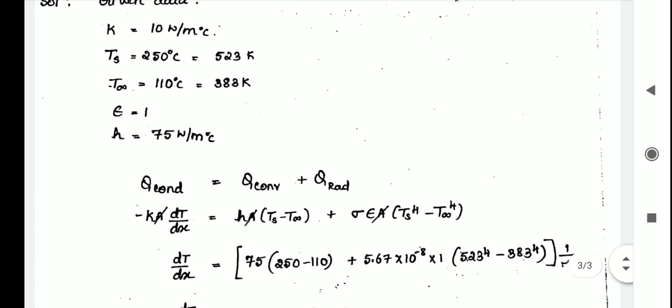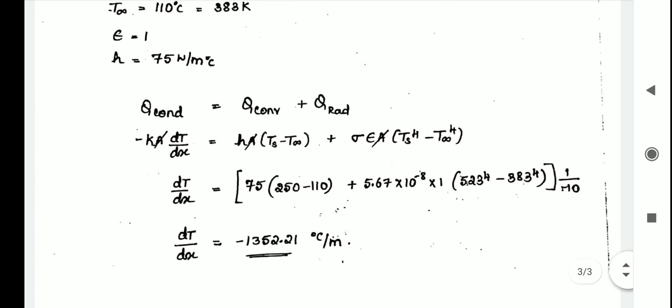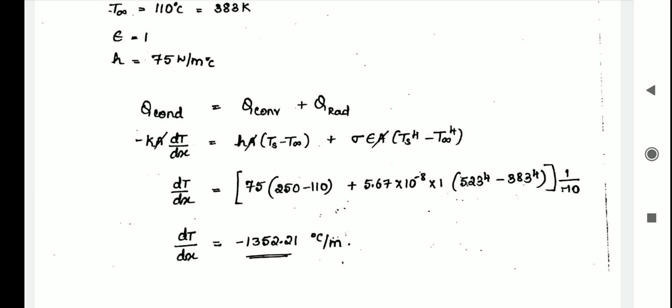Q conduction equals Q convection plus radiation. For conduction, the formula is minus K into dT by dx, which equals, for convection, H A into (Ts minus T infinity), and for radiation, the Stefan-Boltzmann law, sigma into epsilon into A into (Ts raised to 4 minus T infinity raised to 4). Here the area gets cancelled.